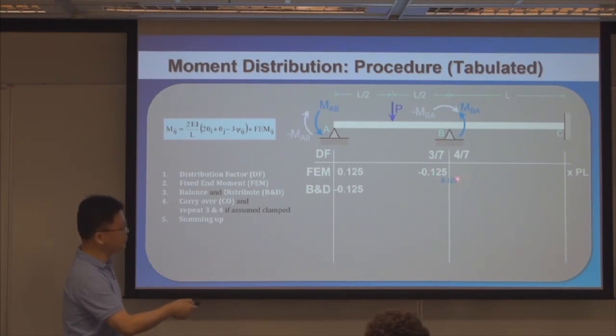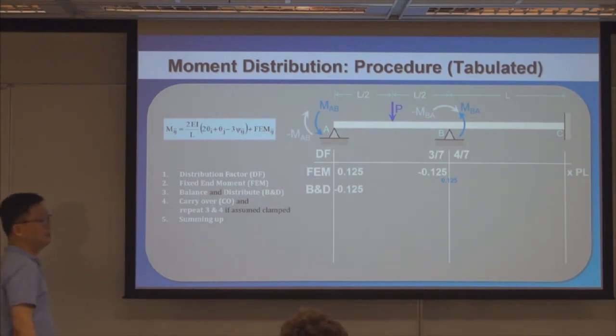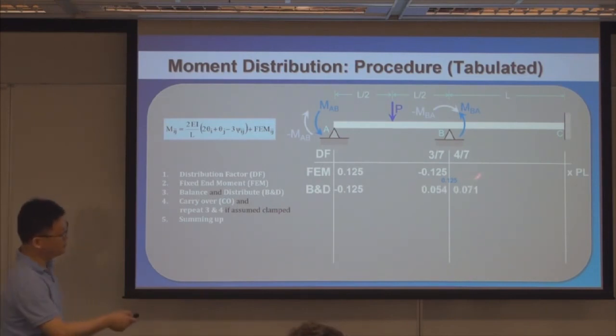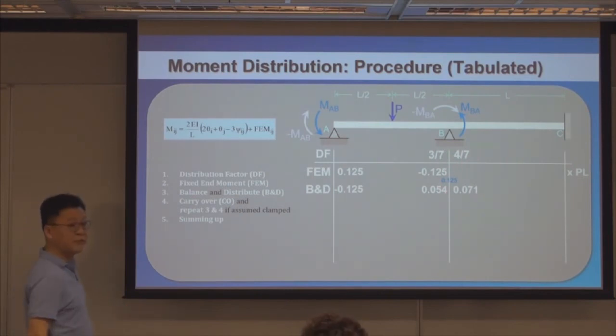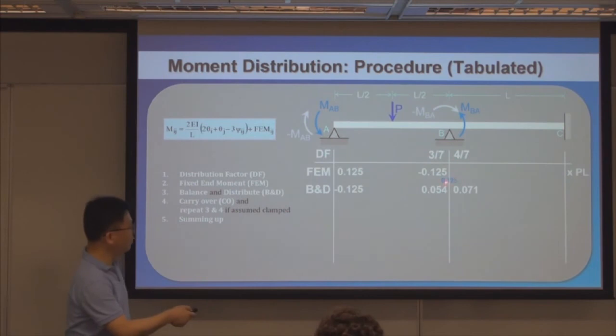This balancing moment needs to be distributed into the two components, following the distribution factors of 3/7 and 4/7. So I'm taking 0.125 multiplied by 3/7, and 0.125 multiplied by 4/7, and putting them here respectively. This is called balance and distribute.